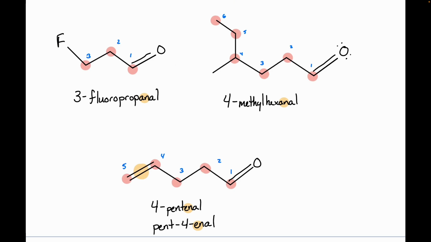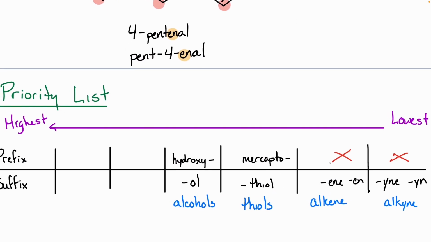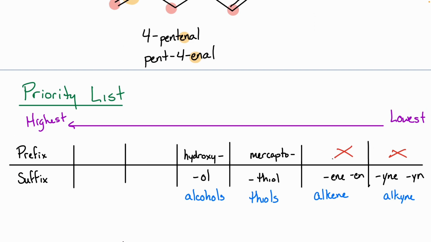All right, so last time when we introduced thiols, we talked about what happens when you have a molecule that has multiple functional groups, each with priority in the name. And we took a look at this chart right here, ranking this priority list of our functional groups from lowest to highest priority.